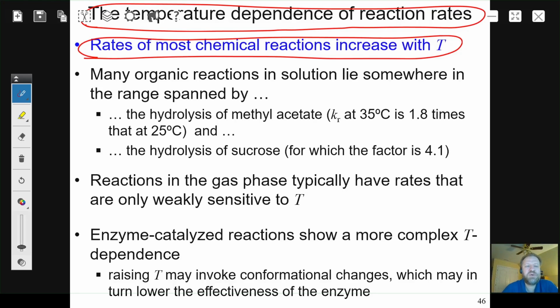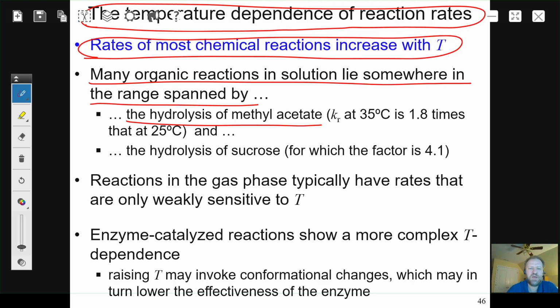In fact, experimentally, it has been shown that many organic reactions in solution lie somewhere in the range spanned by the following two reactions: the hydrolysis of methyl acetate and the hydrolysis of sucrose.